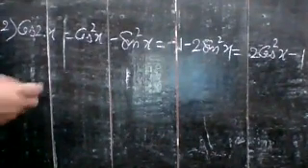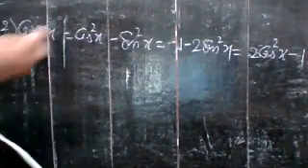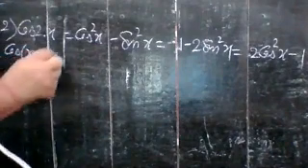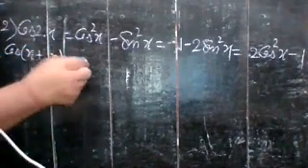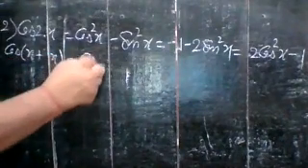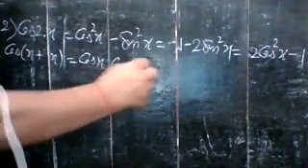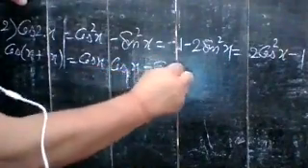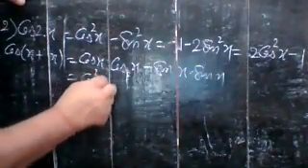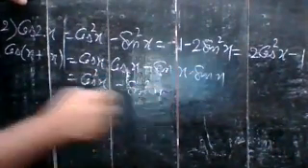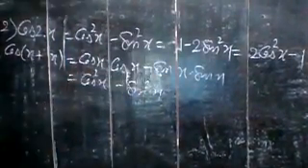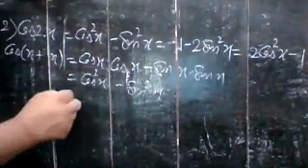So how do you prove such identities? You know cos 2x can be written as cos(x+x). Applying the formula for cos(x+y), you have cos x cos y minus sin x sin y, so sin x into sin x, which equals cos square x minus sin square x. That proves your first part. Now the second part is only in terms of sine, so convert cos into sine.